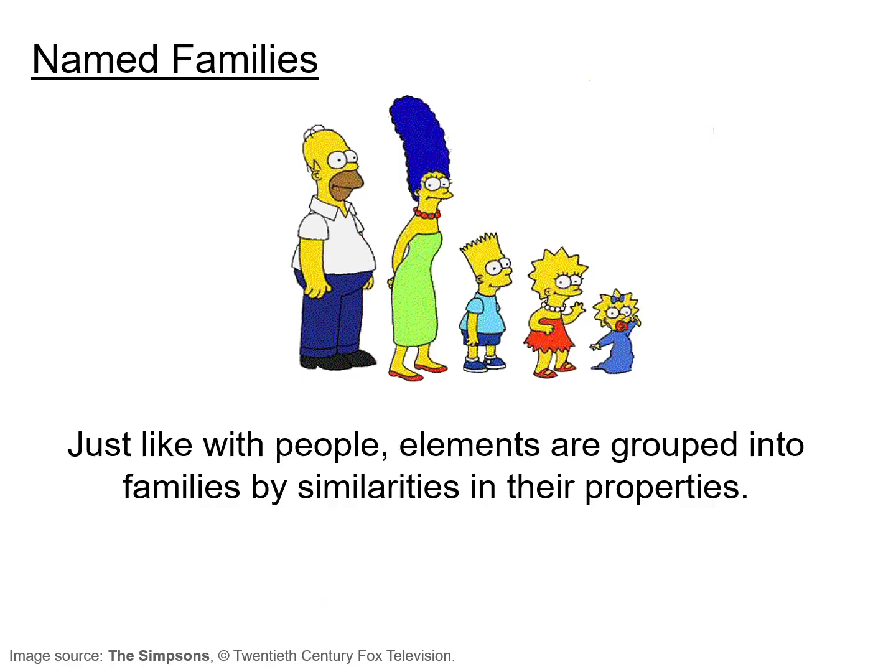All right, so we have some named families on the periodic table, and the reason why they get these special names is just because they're all in a column, all in a group together, and they have shared properties. Just like we can look at this picture and say, all right, yellow skin, bad overbite, these are the Simpsons, we can also look at the different properties of the elements and say, oh, those are acting like alkali metals, for example.